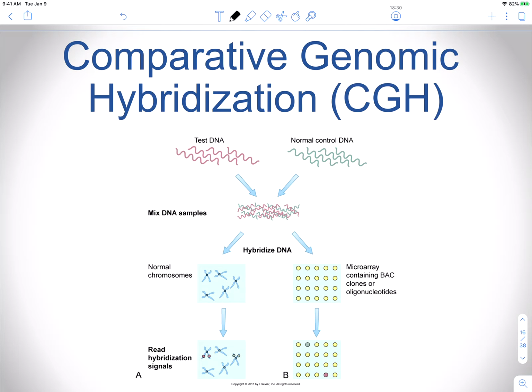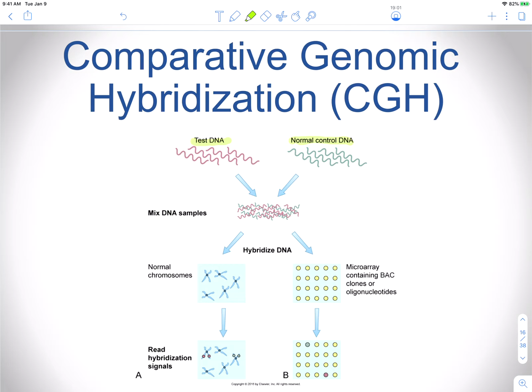Now, another technique is called comparative genomic hybridization, CGH. In this case, you are labeling DNA from a test source as well as from a control source. So you have a test or patient DNA, and then you always have to have normal or control DNA. You mix the DNA samples together and you hybridize them.